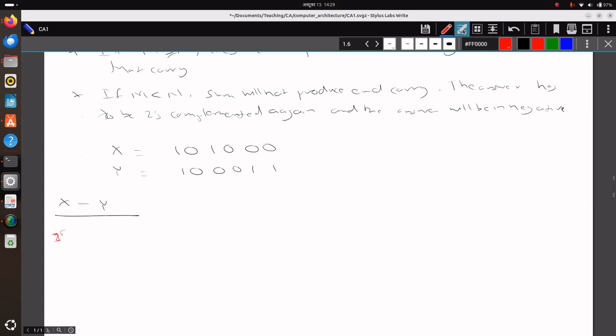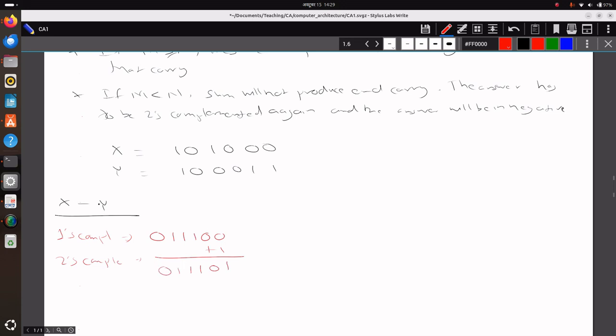First of all, start with the 1's complement of y. The 1's complement of y is going to be 0 1 1 1 0 0, basically inverting each bit in the value y, and then the 2's complement will be equal to the 1's complement plus 1, which will be 0 1 1 1 0 1.